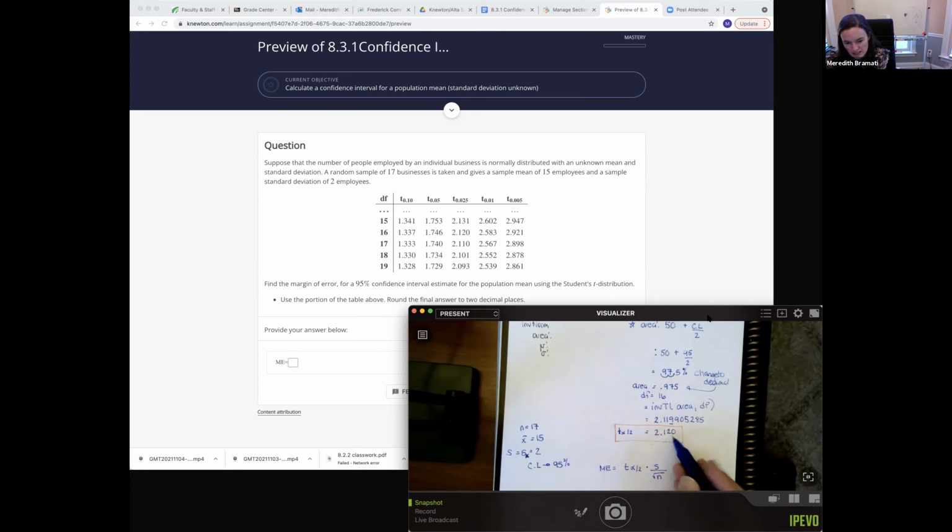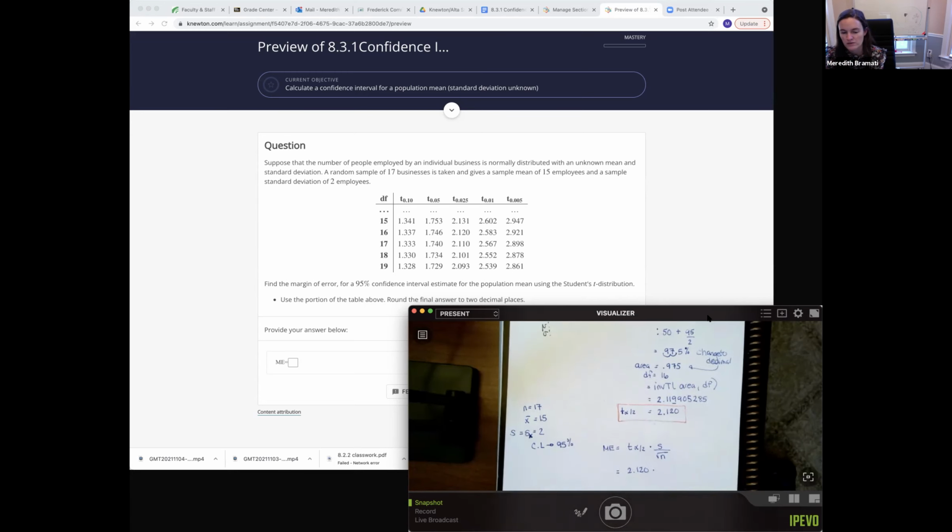We found our t alpha over 2 to be 2.120. We can find that on the chart, or in the calculator. Our sample standard deviation was given to us as 2, and our sample size is given as 17.